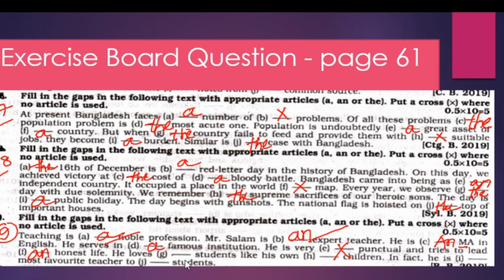He loves the students. He loves the students like his own, that means specific students, his own students. He loves the students like his own children. In fact, he is the most favorite teacher to the students.